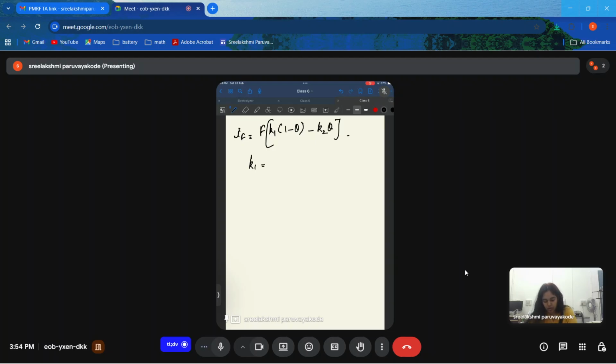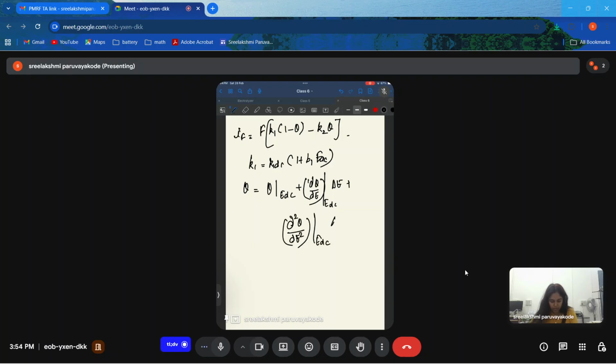So we know K1 equals K1 DC (1 plus B1 E AC). We already saw that. In the same way, theta can also be written. How do we write the expression for theta? It is dependent upon the potential and becomes theta at E DC plus dou theta by dou E at E DC into del E plus dou square theta by dou E square at E DC del E square by 2 factorial, and it goes on.